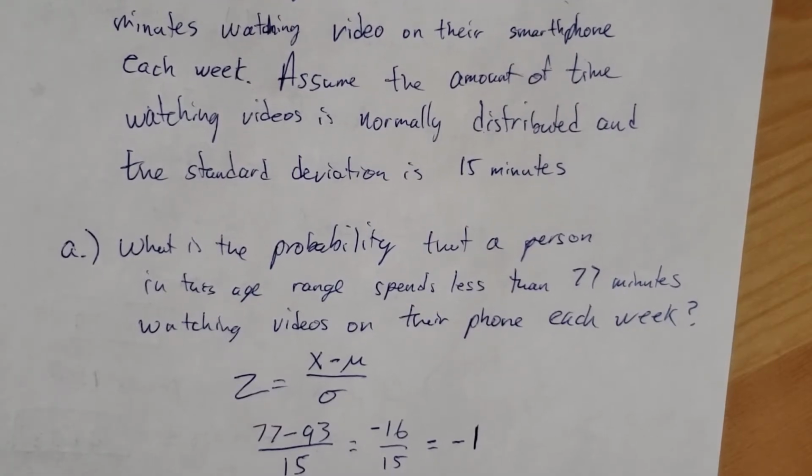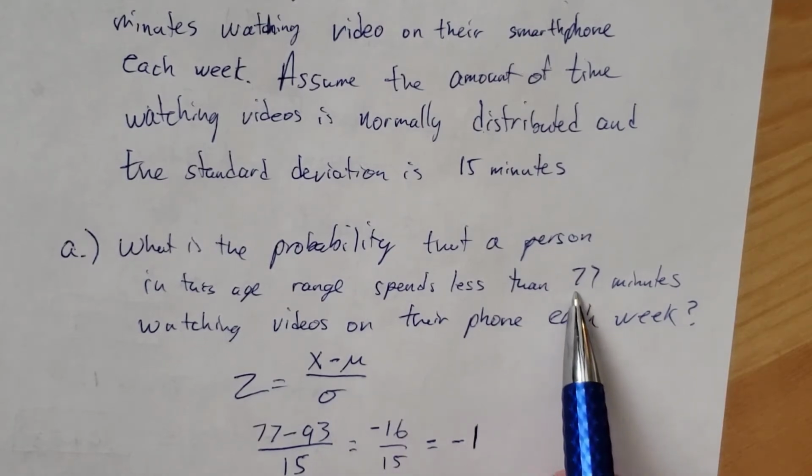Well, how can we solve that? We have a table that relates our z-scores to this problem. So you should find the z-score of 77 minutes. How do you do that? Our formula is z is equal to the x value that we're dealing with minus the mean, divided by the standard deviation. The x value is 77.